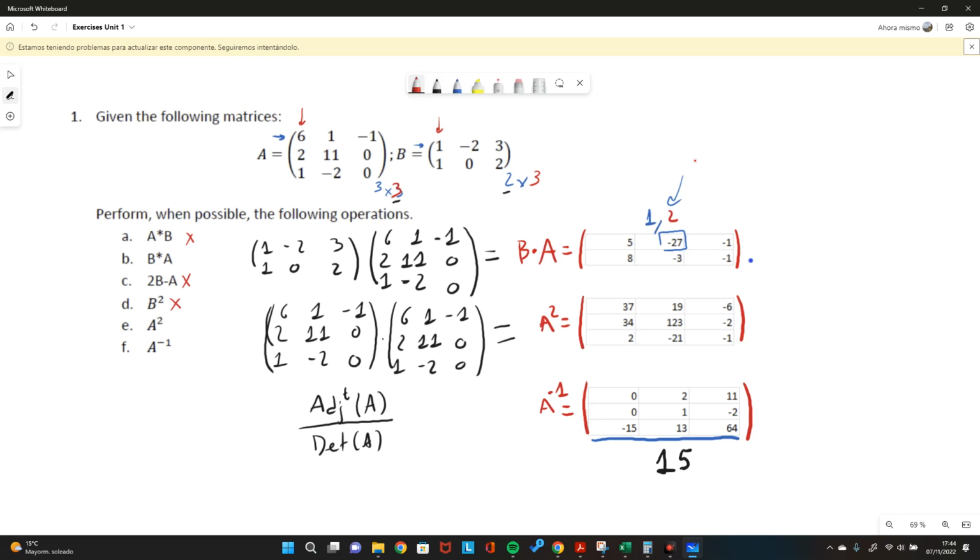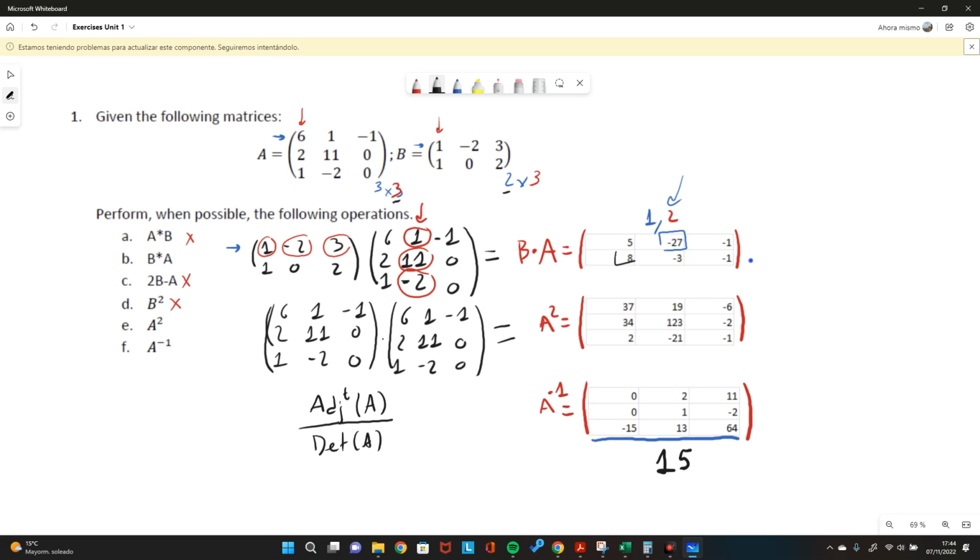So I take the second column of the second matrix and the first row of the first one. This is just 1 times 1 plus minus 2 times 11 plus 3 times minus 2. So 11, this actually is minus 22 minus 6, which is minus 28, plus 1, so minus 27.